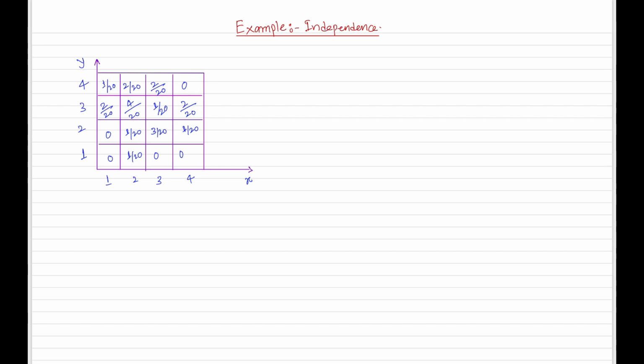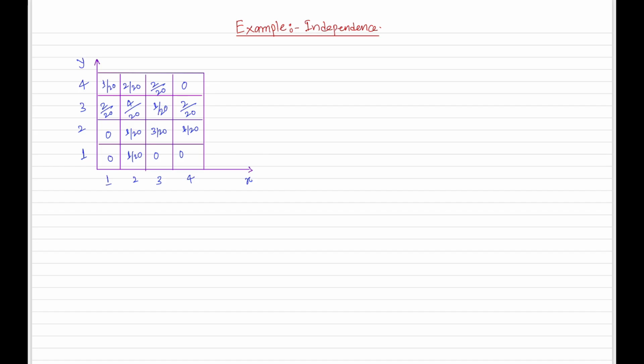This is what we have seen in the joint PMF. The joint PMF table or function will have all the info that you need. We have already seen how to extract the marginal PMF, the marginal probability mass function of Y or marginal PMF of random variable X, right?